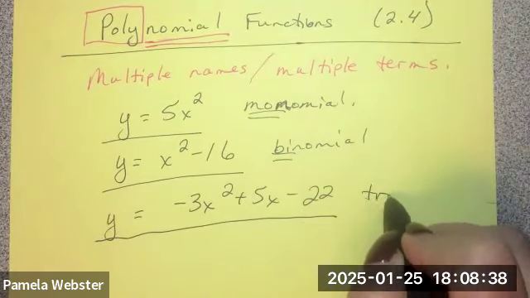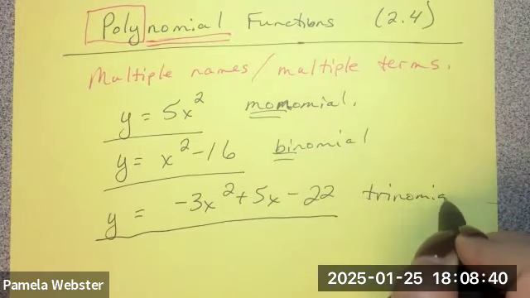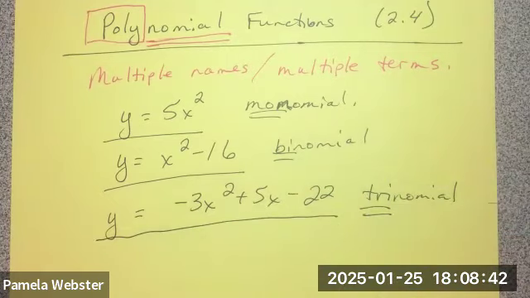But once we get past trinomials, we just start going, hey, I don't want a new word every time we do this. All of these act and function in similar ways, so we lump them into this family of functions that we call polynomials. That's how the mathematicians deal with them.